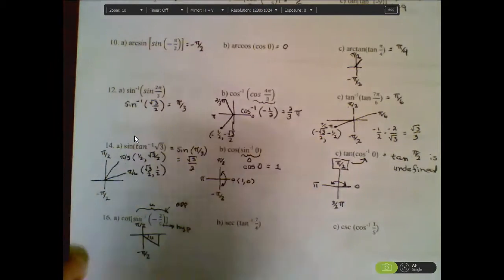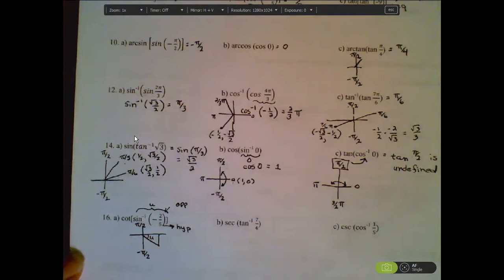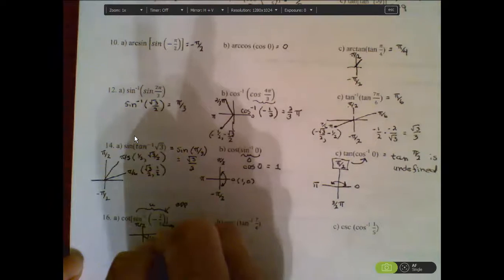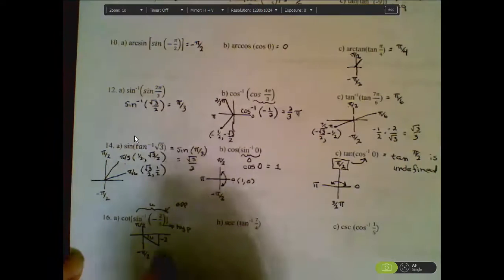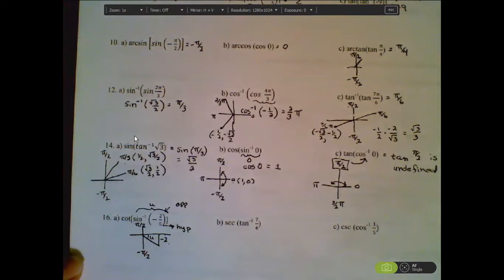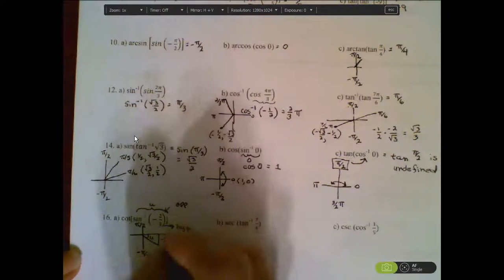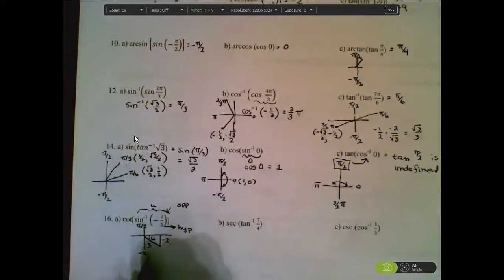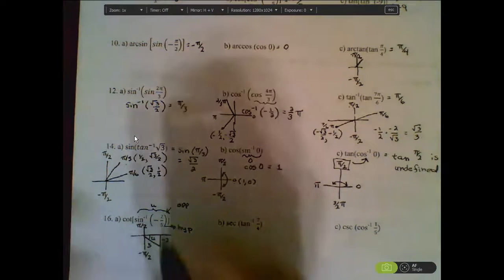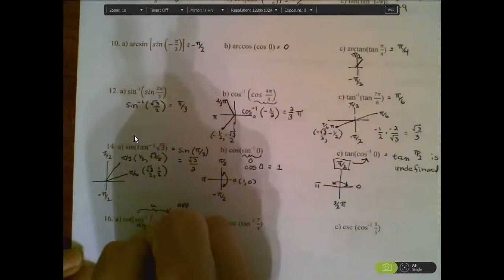So even though I don't like to label a side of a triangle negative, I'm saying the coordinate of this point would have y being -2. And the hypotenuse is 5, and I can use the Pythagorean theorem to find that adjacent side. The adjacent side would be the square root of 25 minus 4, or the square root of 21.